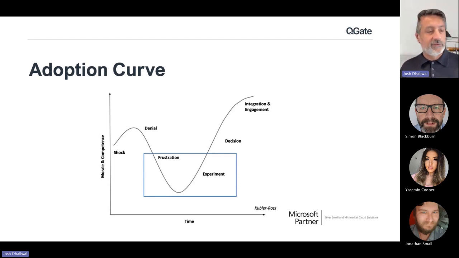We then have stages which involve anger, and obviously this can have negative impacts as the project could potentially spiral out of control, resulting in significant change failures. And this is the stage at which most implementations fail.